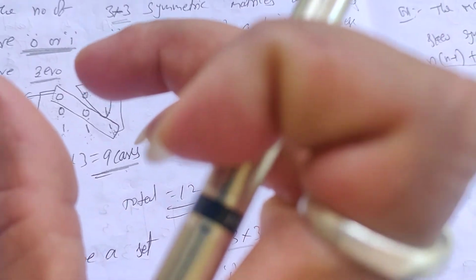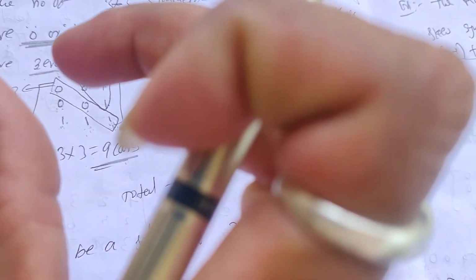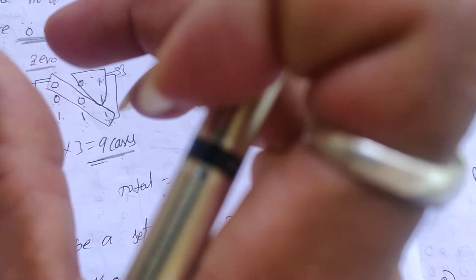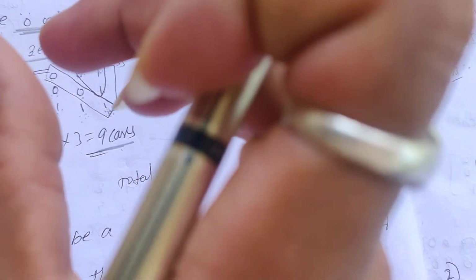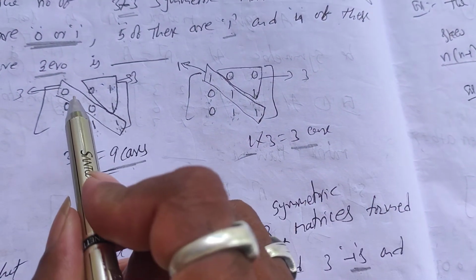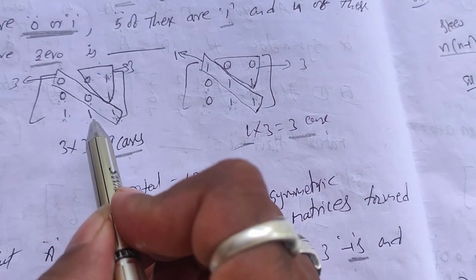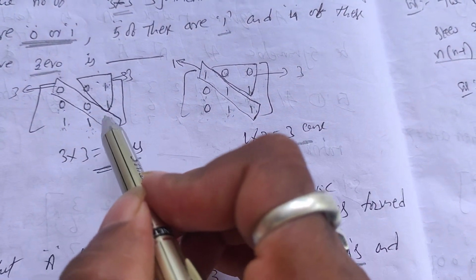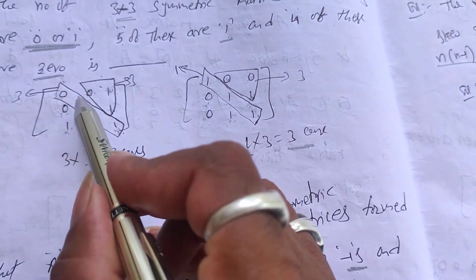If we don't have doubles, that means an odd number, it is not possible to fill the remaining blank places. So if you fill with 3 ones, it is possible because 2 ones are left over, so we can fill 2 ones in this place or this place or this place.